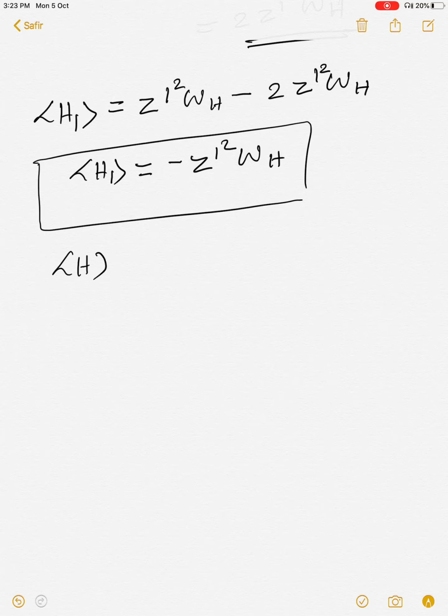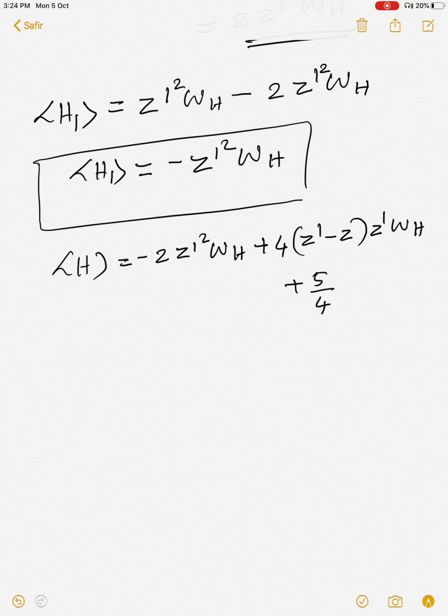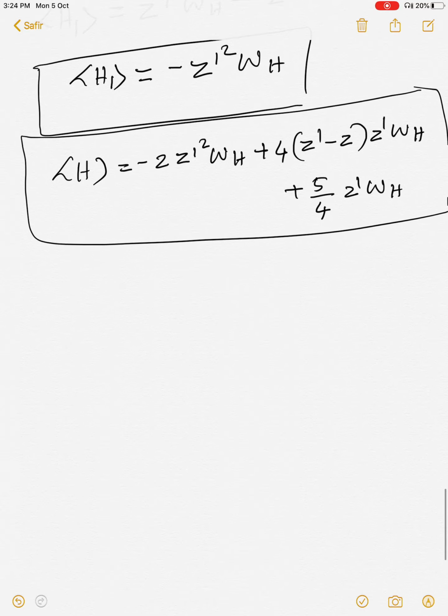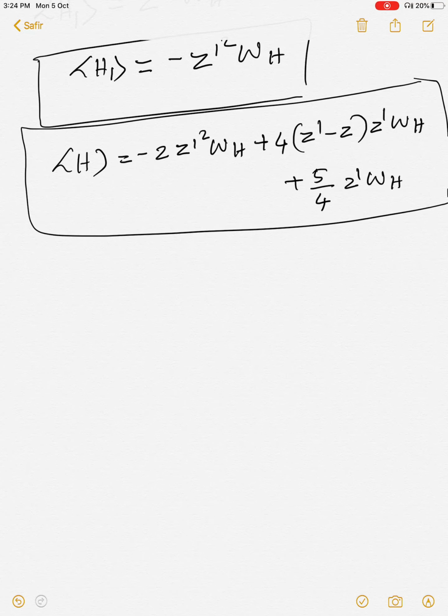So in expectation of H we can do all the steps and we get the answer: minus 2z prime square WH plus 4 into z prime minus z WH plus 5 by 4 z prime WH. This is the total expectation of the Hamiltonian.